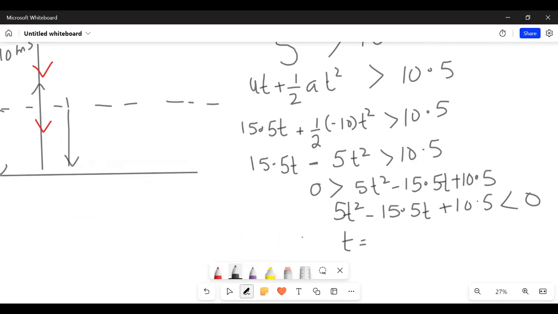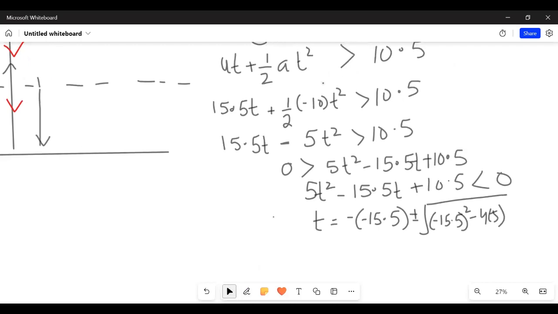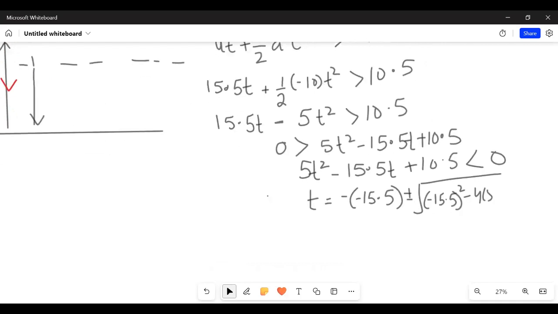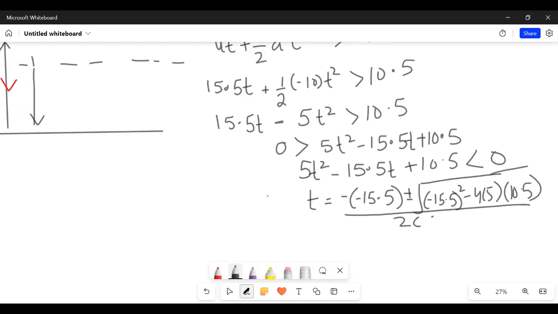First, t is equal to minus b plus minus square root of b square minus 4ac, over 2a.